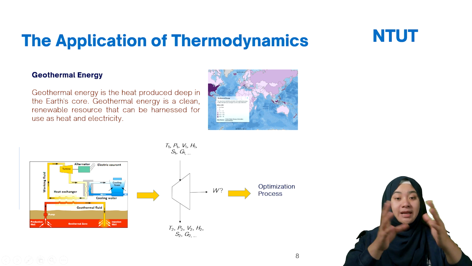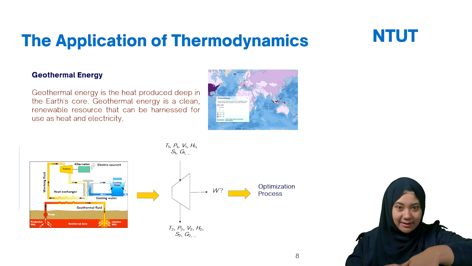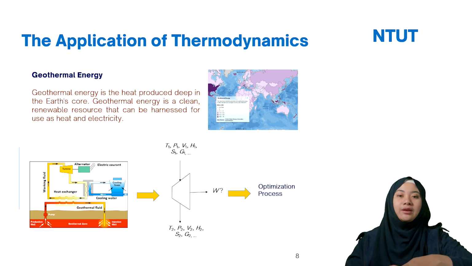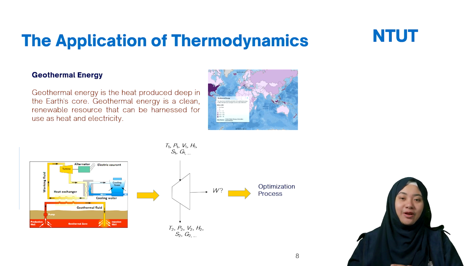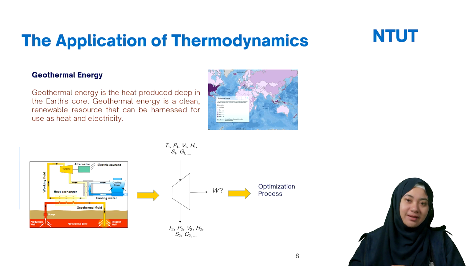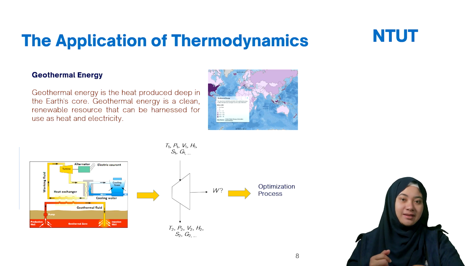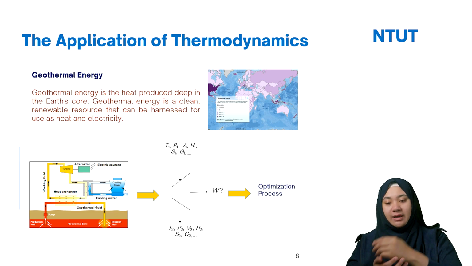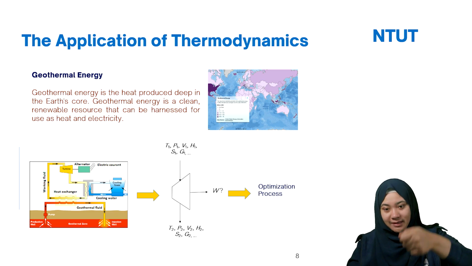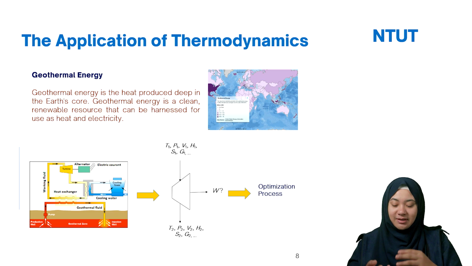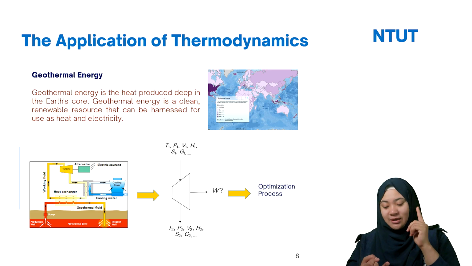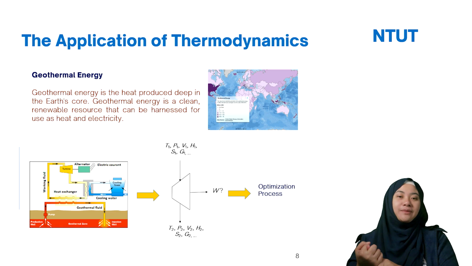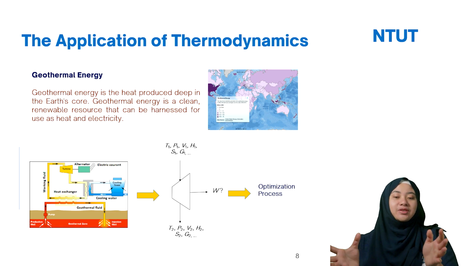When you drill into the earth's core, you will obtain many things, like oil. You know how oil is produced also. Oil is from the earth, but at a specific depth. So when you adjust the depth in the earth, you can produce gas, oil, or geothermal. Everything is from the earth's core.